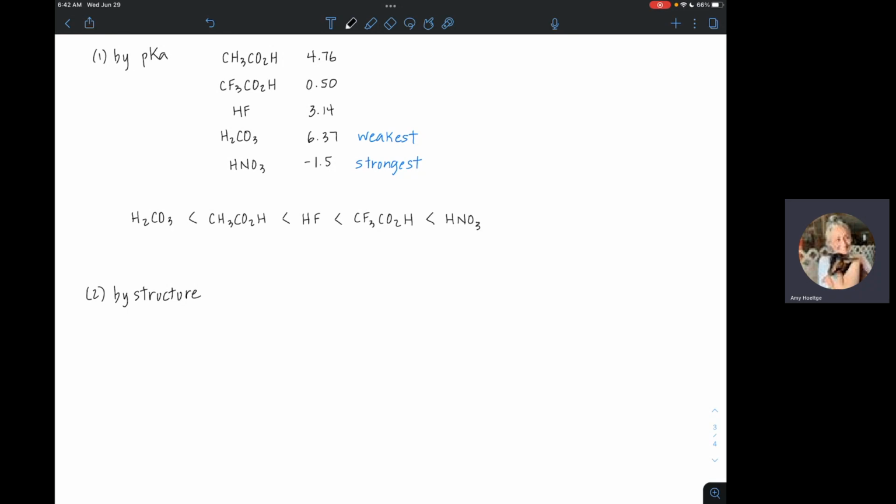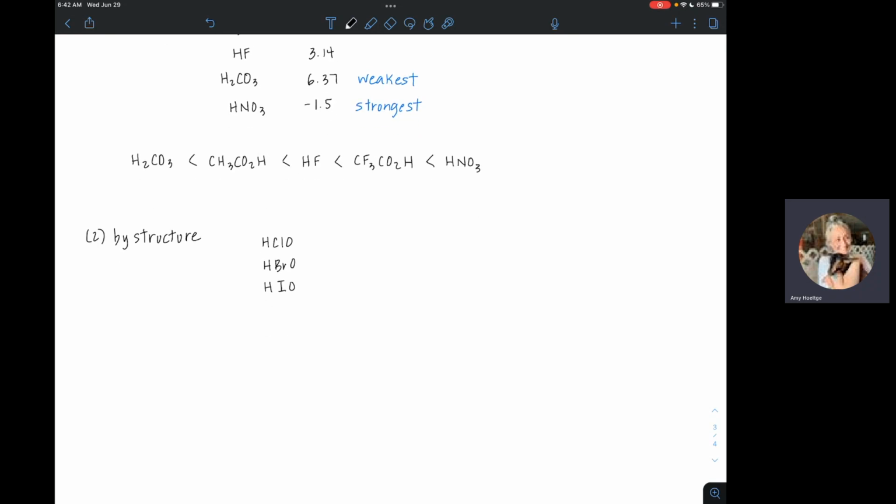I've got, say, hypochlorous acid. I've got hypobromous and hypoiodous. And we're looking at these and we're saying, okay, well, who knows, right?